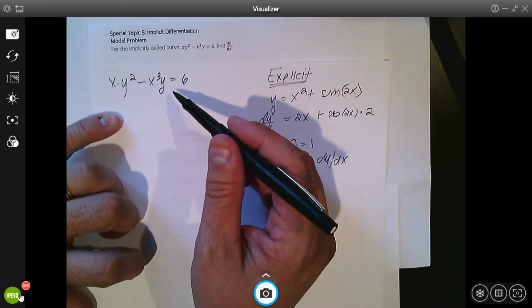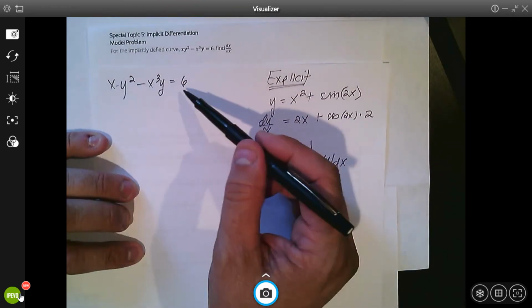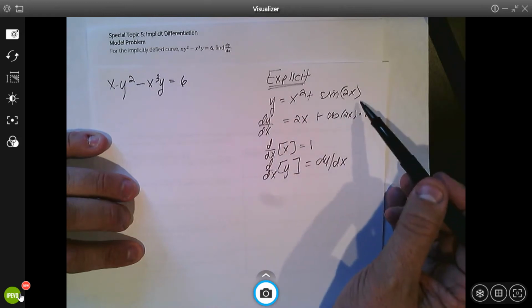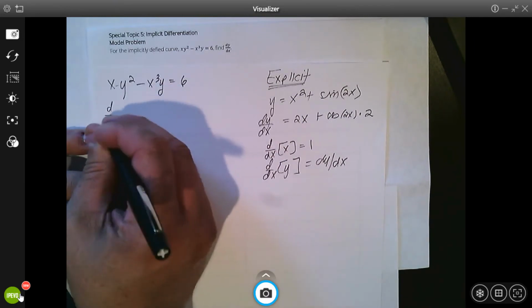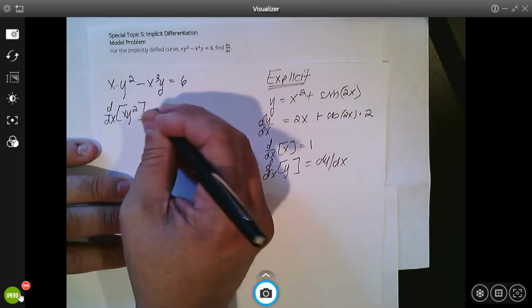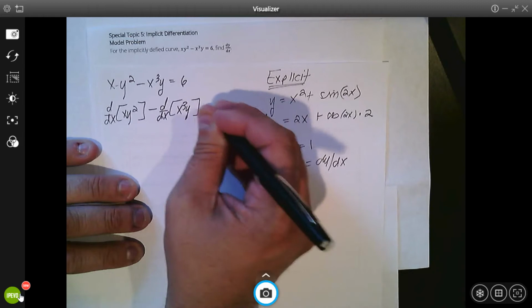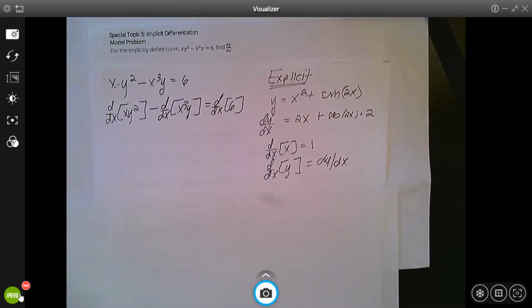And whether we can or we can't, I'm not even going to bother trying that. I'm just going to find the derivative just like we did in explicitly defined curves. But I'm going to find the derivative of each term, and I'm going to do it very carefully. We need to find the derivative of xy squared, minus we need the derivative of x cubed y, and that's going to be equal to the derivative of 6.